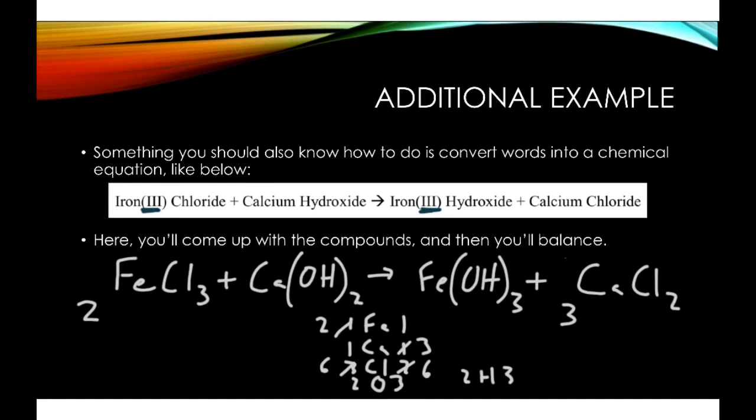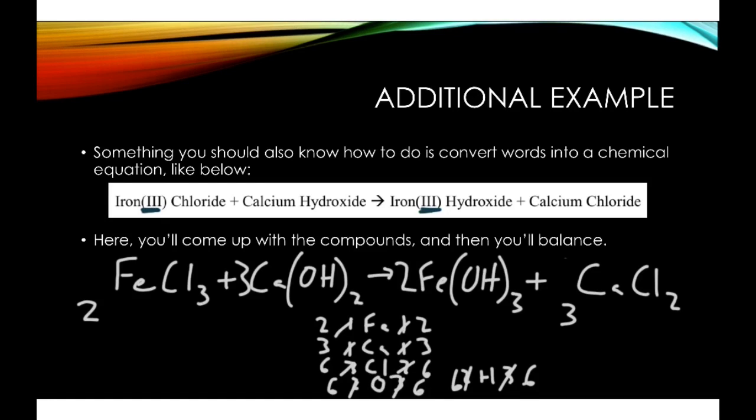So I'm going to change my 2 on the left to a 3, and that'll distribute to give me 3 calcium and 6 oxygen, along with 6 hydrogen. And on the right, I'm going to put a 2 here. That's going to change my iron to 2, my oxygen to 6, and my hydrogen to 6 as well.